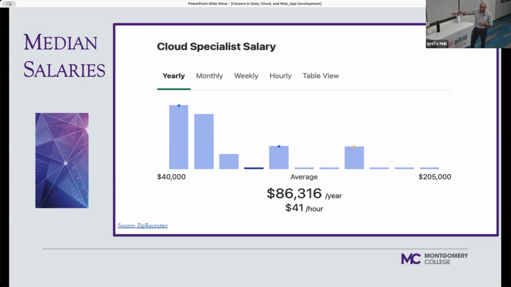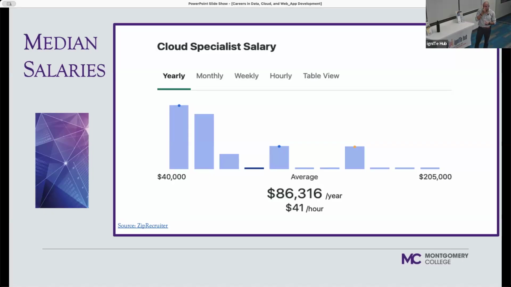But look at the right: $205,000. Wow, right? But it's very small. As you can see, the average is about $90,000 a year, because this position, cloud specialist, can mean a lot of different things depending on the company that you work for.